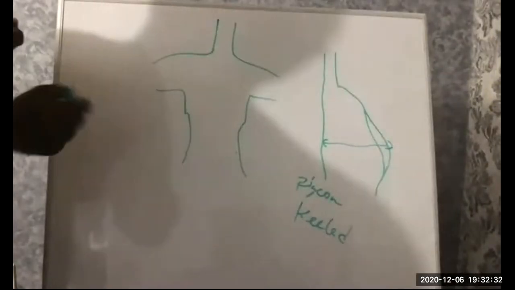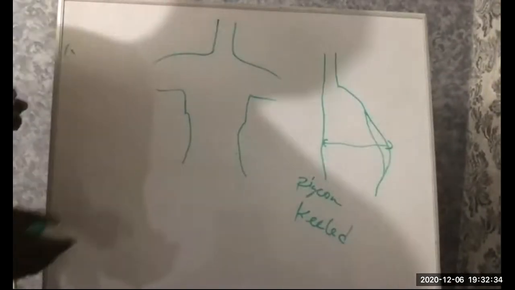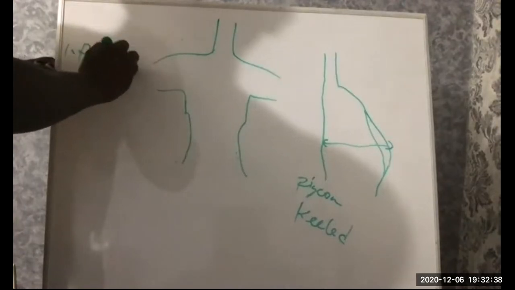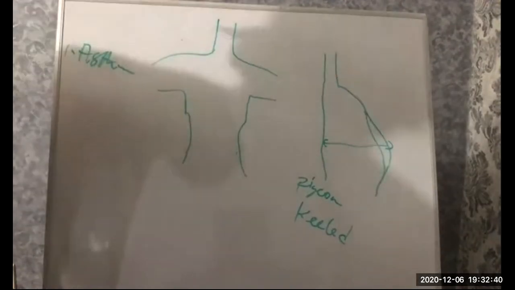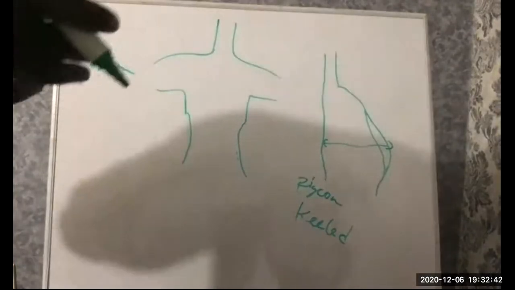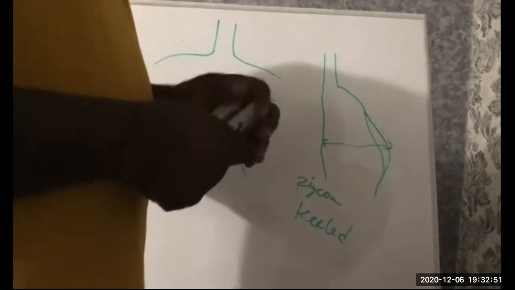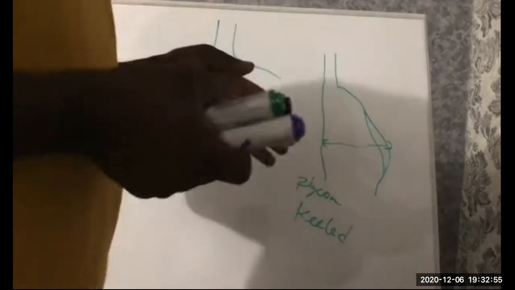Patients who usually have this, some of them are chronic asthmatics. Okay, so this patient may have had asthma in childhood, and because of hyperventilation of the chest, in babies too, the bone is not completely grown, and it is not completely ossified also.